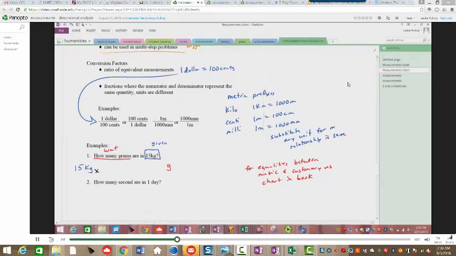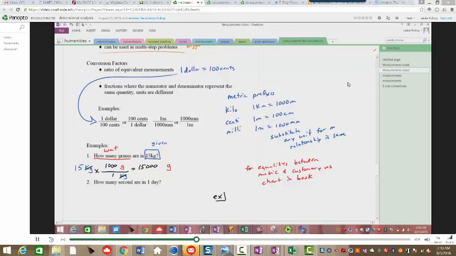Now you need to multiply this by a ratio. And the ratio needs the unit that you were given on the bottom and the unit that you are looking for on the top. Now we know that relationship, so we can fill in the numbers. Kilograms on the top and bottom cancel, so we can multiply and get our answer.